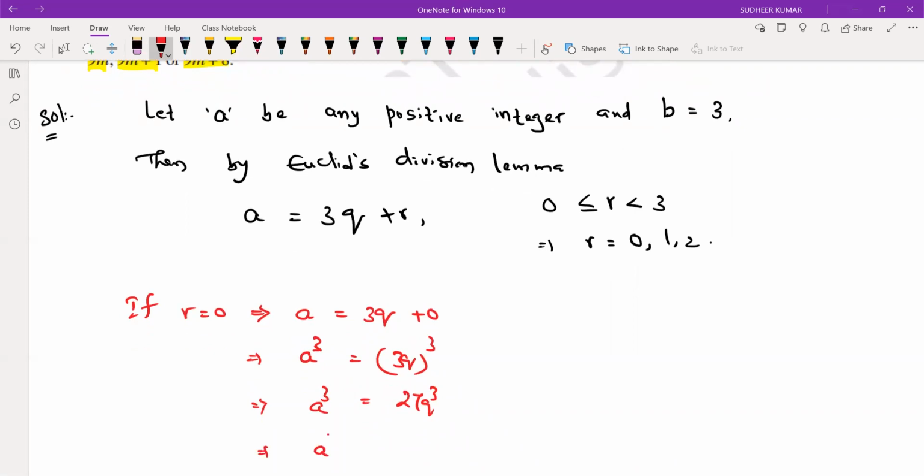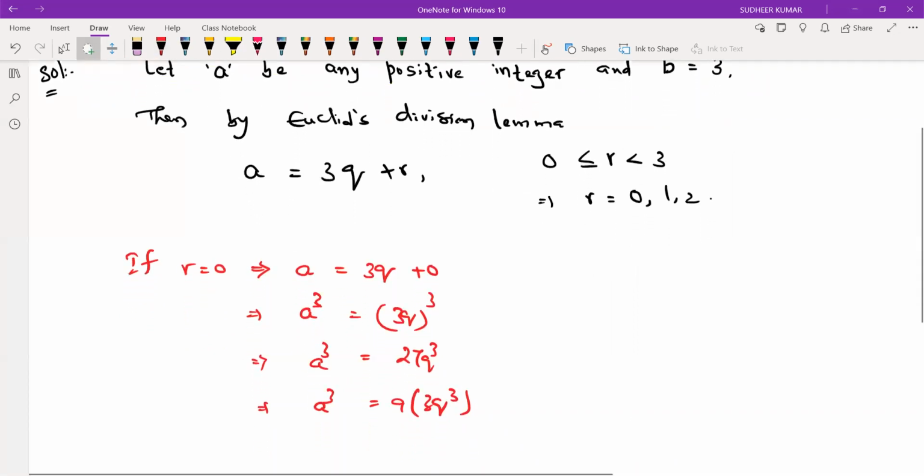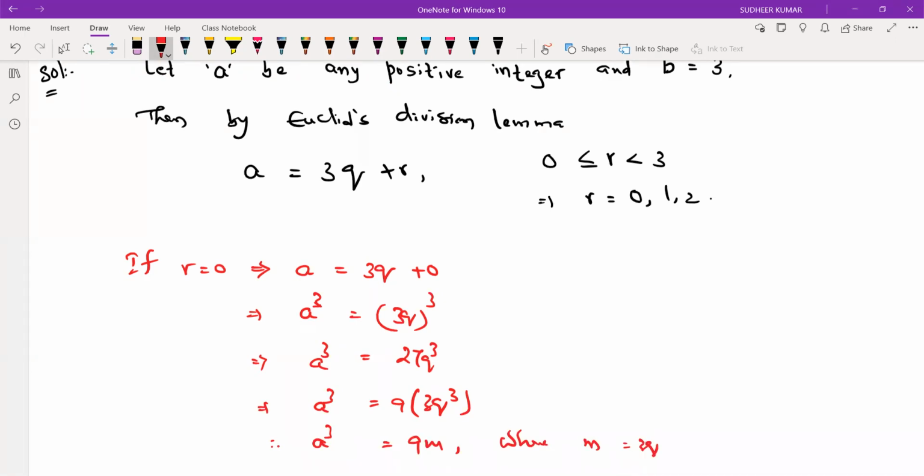So the result is 9 times 3q cube. Therefore, a cube is 9m, where m equals 3q cube, a positive integer.